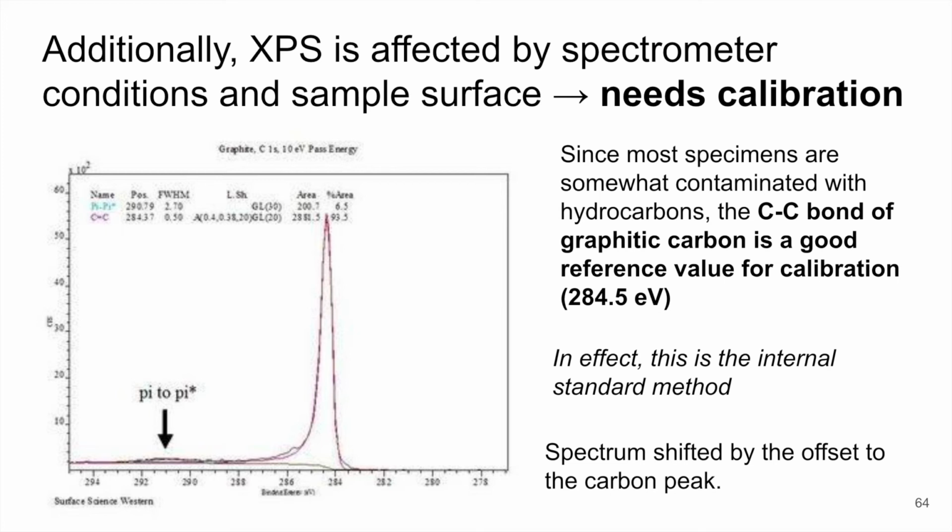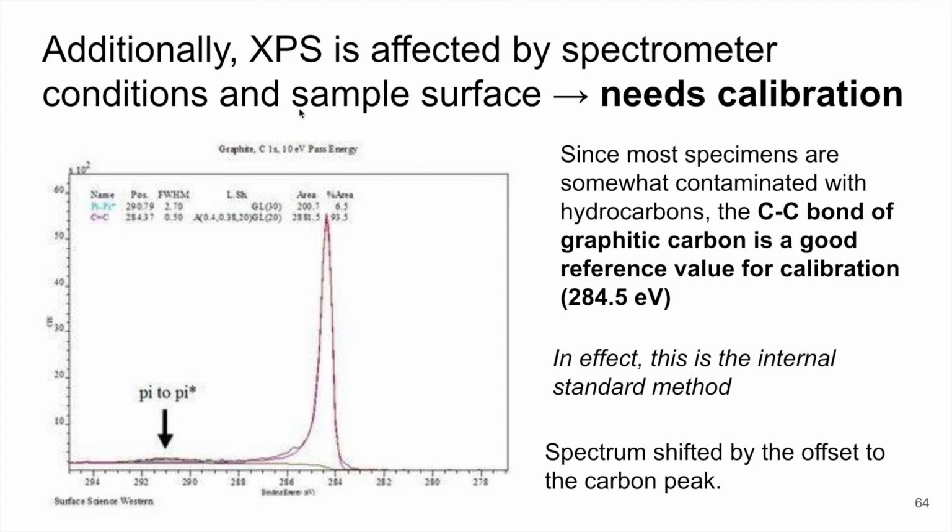So that's obviously not always the best thing, but it means that carbon's always there, and it's got a very defined peak. And so we often use carbon, whether it's there on purpose or not, as a way to calibrate our spectra to the spectrometer conditions and what the sample surface is like.